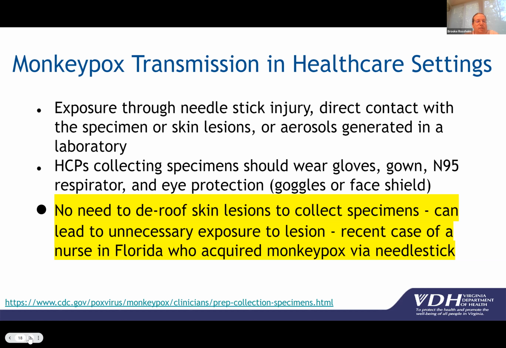There is actually a recent case of a nurse in Florida who acquired monkeypox via a needle stick after using that needle to puncture a monkeypox lesion. So we just want healthcare providers to be careful, especially when they're using sharps, in terms of not exposing themselves to monkeypox. Next slide.